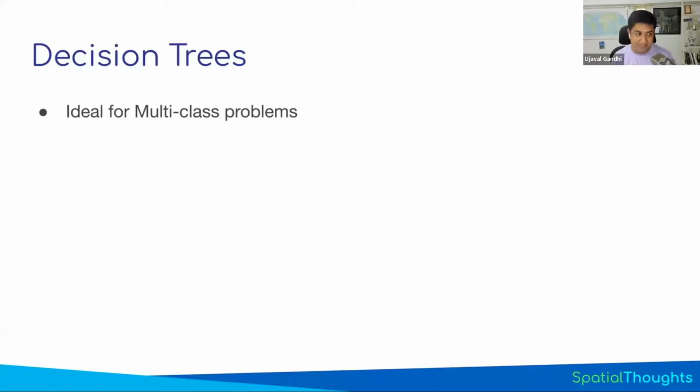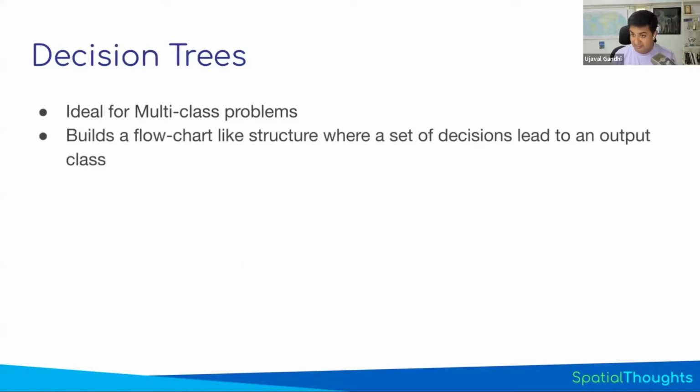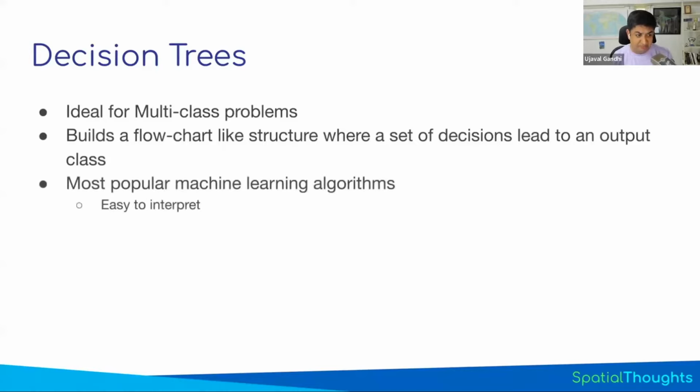It can work with multiple classes. It's also very explainable. Once you train the model, you get a flowchart. It builds a decision tree to figure out what this pixel is, and you can see that tree and understand how the model worked. It's currently the most popular algorithm because those flowcharts are simple and easy to interpret.